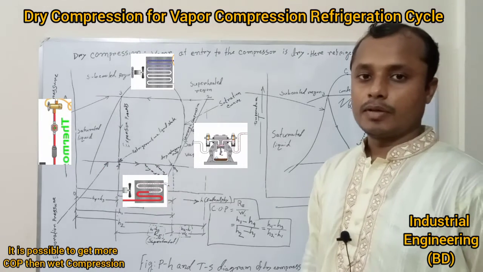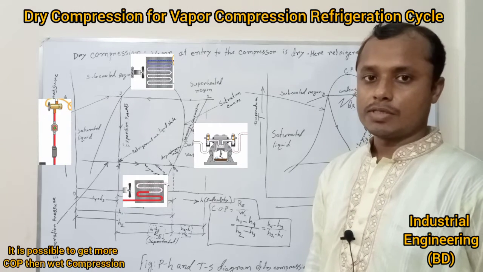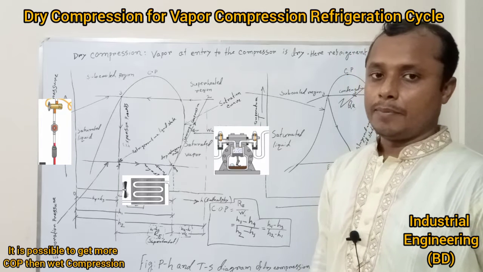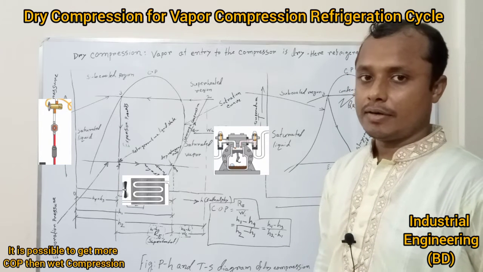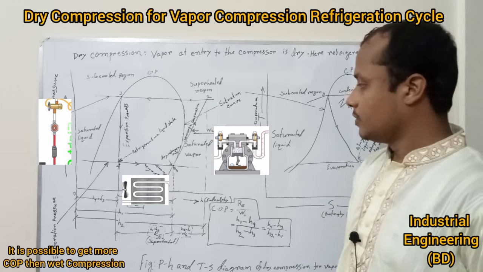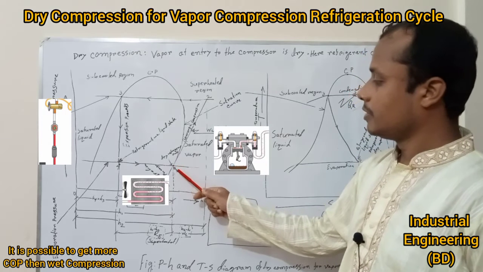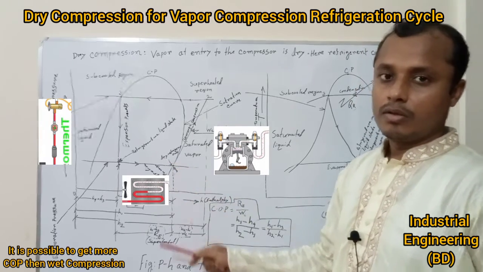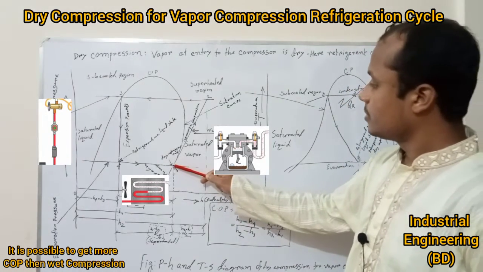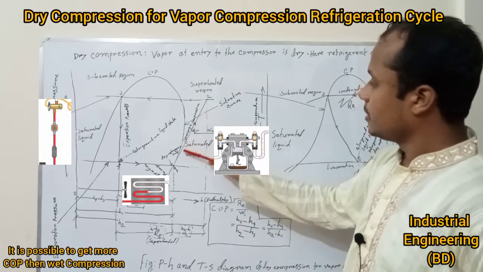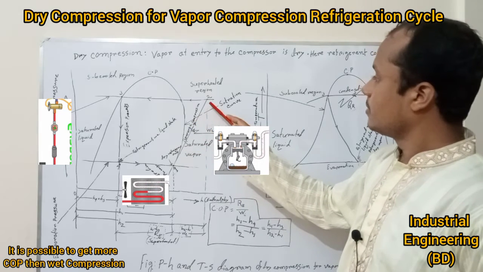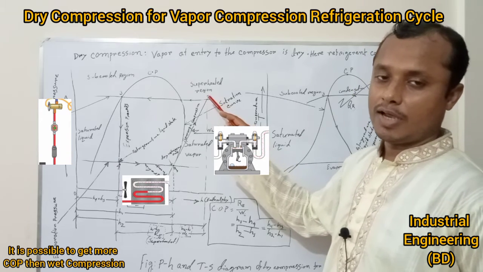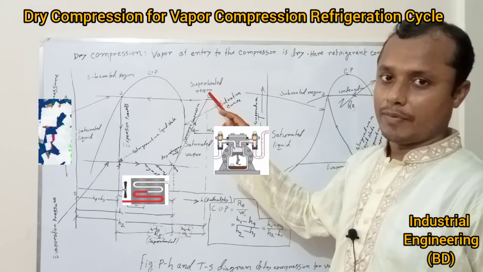Since the refrigerant after the evaporation process is dry, if dry refrigerant enters the compressor, we can assume it is at point 1. The dry refrigerant compression process is an isentropic process. After compression, the refrigerant is in the state of high pressure vapor.